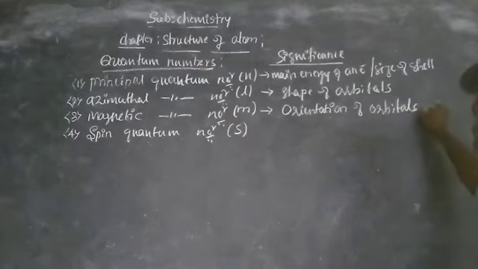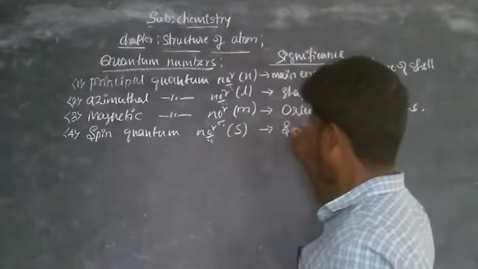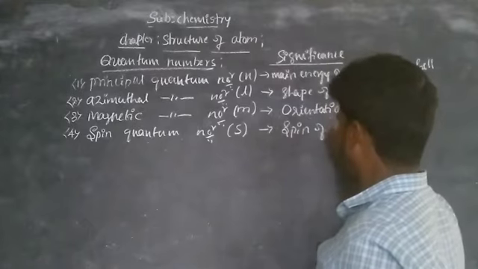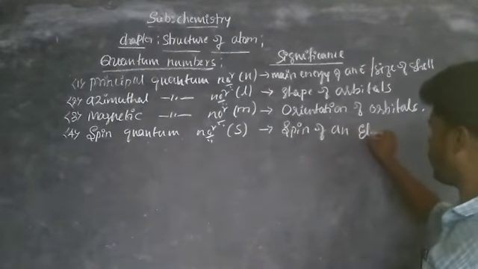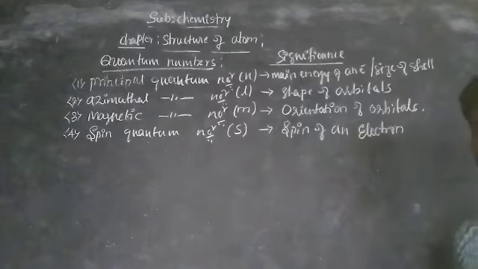And the spin quantum number signifies the spin of an electron. These are the significance of these four quantum numbers.